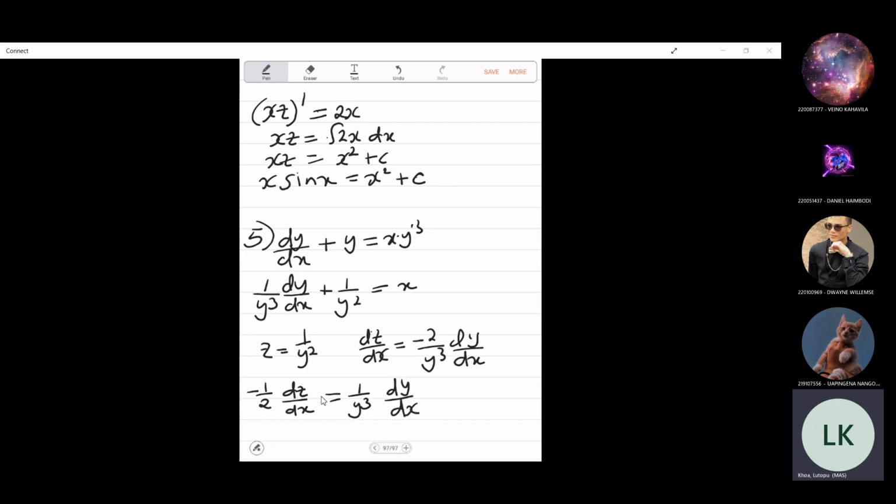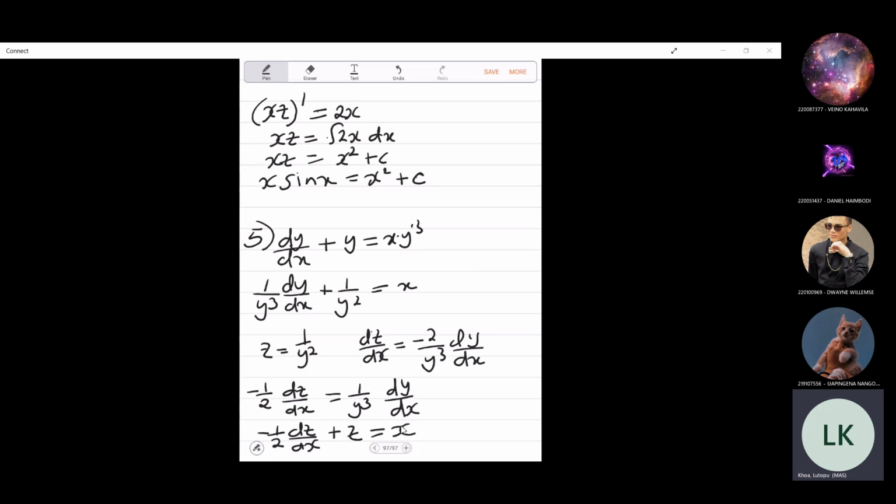Okay, so now we can make the substitution. This is negative a half dz/dx. This is z, and this one remains as x alone. So we have negative a half dz/dx plus z, and this is equal to x.